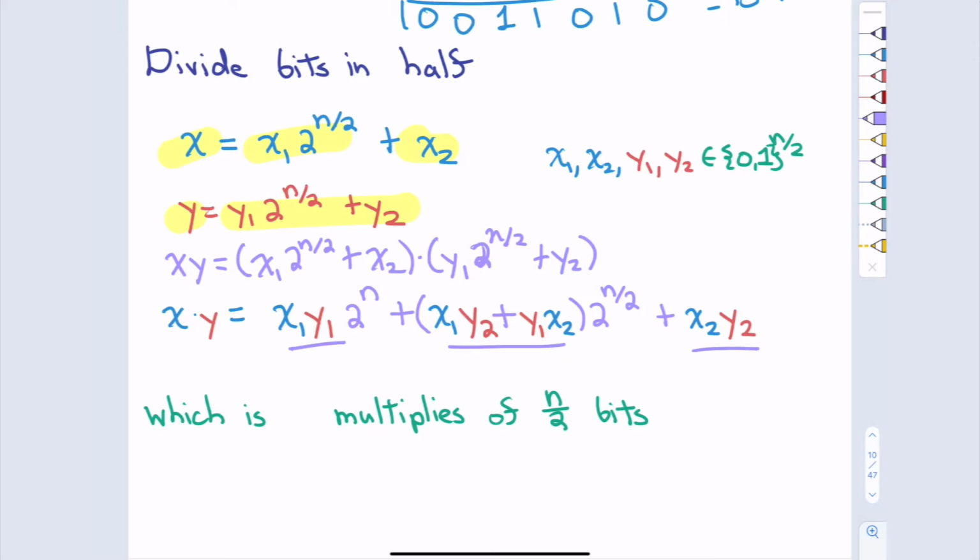Okay, so we have x1 times y1 plus the cross pairs, x1 times y2 plus y1 times x2 plus x2 times y2. Okay. We haven't really done anything interesting yet. Okay, so we have sort of taken one multiply of 2 n-bit strings and turned it into 4 multiplies of n over 2 bit strings.